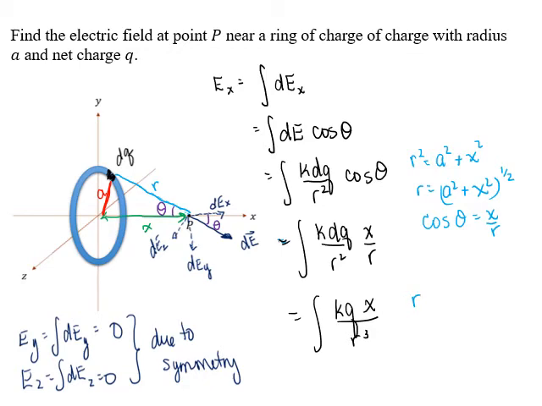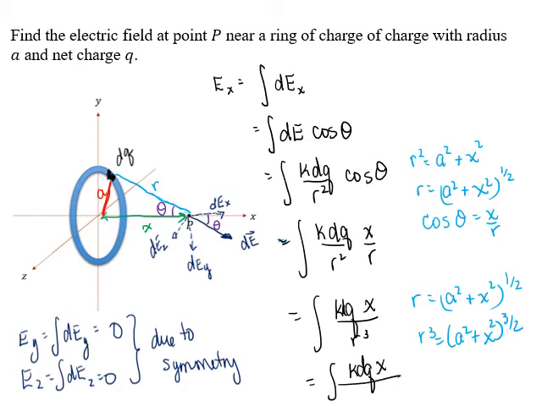Well, r is equal to (a squared plus x squared) to the 1/2. That means r cubed is (a squared plus x squared) to the 3/2. Let's fill that bit in. Equals the integral of k times, whoops, I dropped my dq there in the middle, k times dq times x over (a squared plus x squared) to the 3/2.